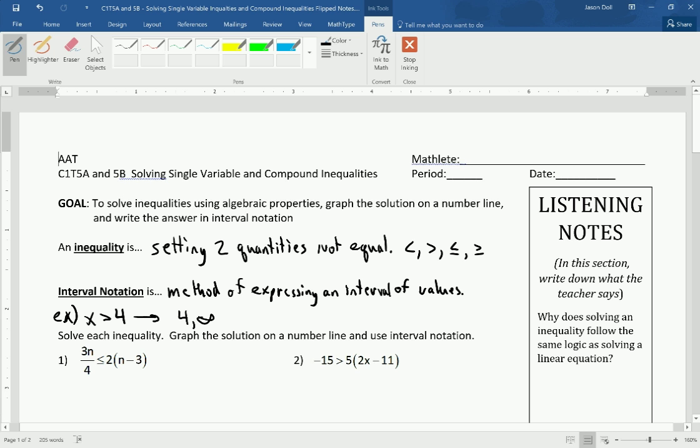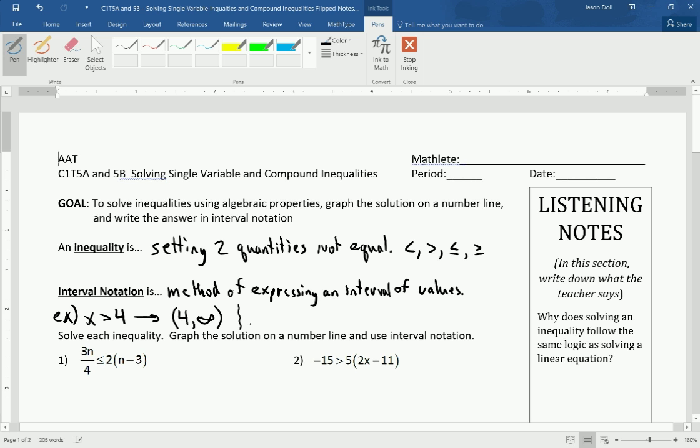So I put the lower boundary of the interval on the left, the upper boundary on the right, and now here's how I use the parentheses and the brackets. If I'm including the 4 in the interval, it's a bracket. But since here we can clearly see x is just greater than 4, I'm going to put a parenthesis. Now, can I ever actually include infinity? No, infinity we can never reach, so we're always going to put a parenthesis with infinity.